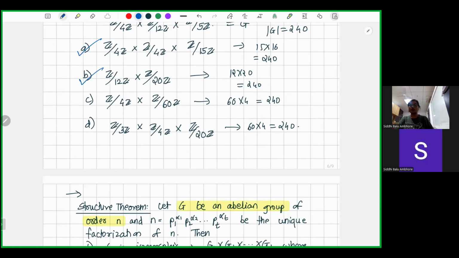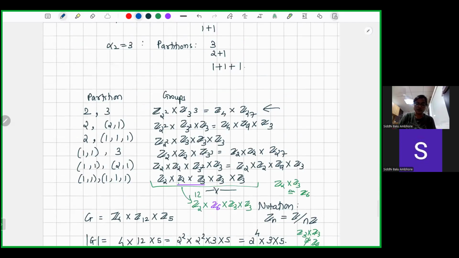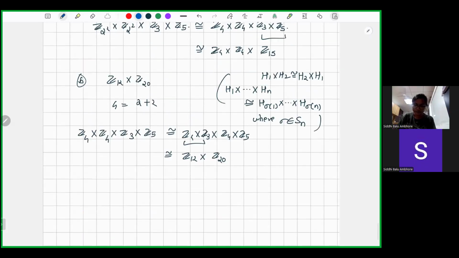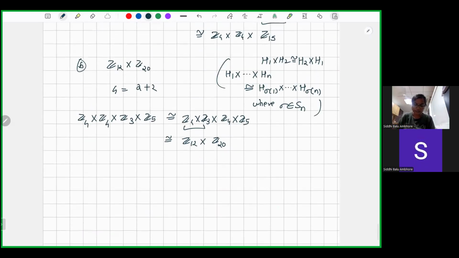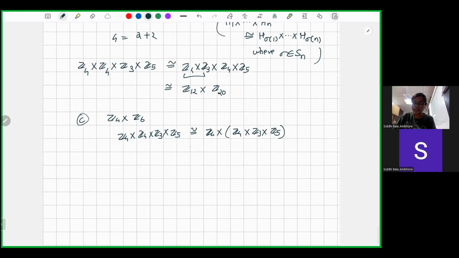The next one is Z4 cross Z60. And for us to have that, yeah. So this is again the extension of what we had in earlier example. It is this Z4 cross Z4 cross Z3 cross Z5. And since GCD of all these 4, 3, 5 is 1, I get that if I take product of this, it is Z60.